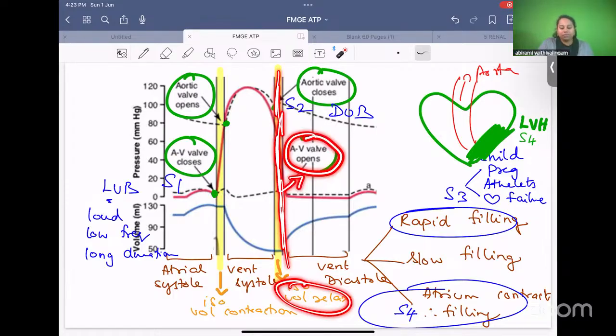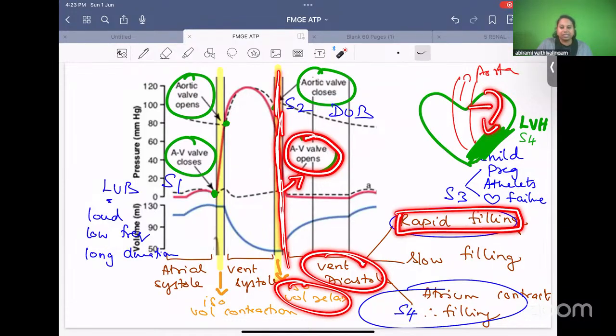What will happen if AV valve opens? Ventricle will get filled up. So ventricle is getting filled up. There is ventricular diastole. What is the first phase of ventricular filling? Rapid filling phase. What is the reason for rapid filling? Why is it rapidly filling? Atrial pressure is more, ventricular pressure is less. Because of the pressure gradient, it is rapidly filling.